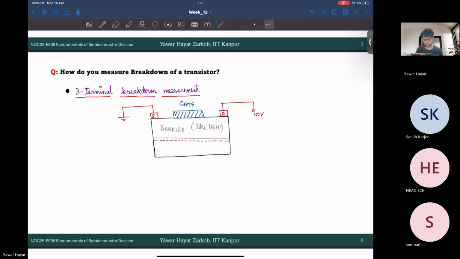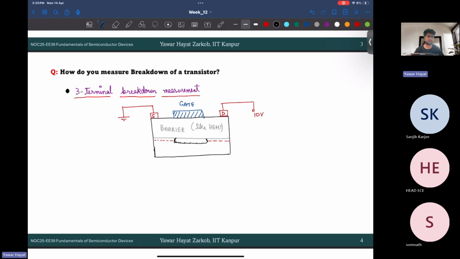So this charge would be depleted, right? Okay.